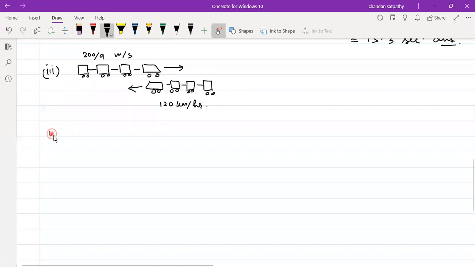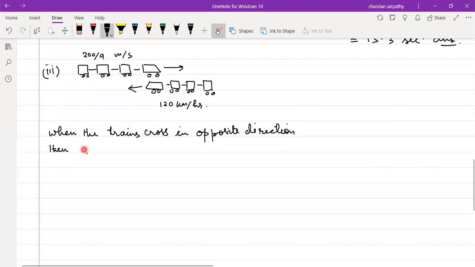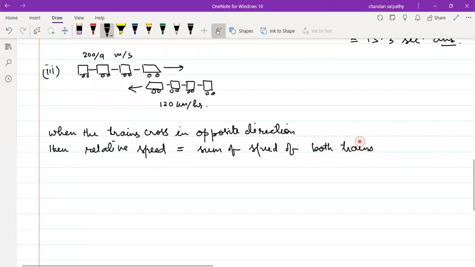So remember this, that when the trains cross in opposite direction, then relative speed will be equal to sum of speed of both trains.